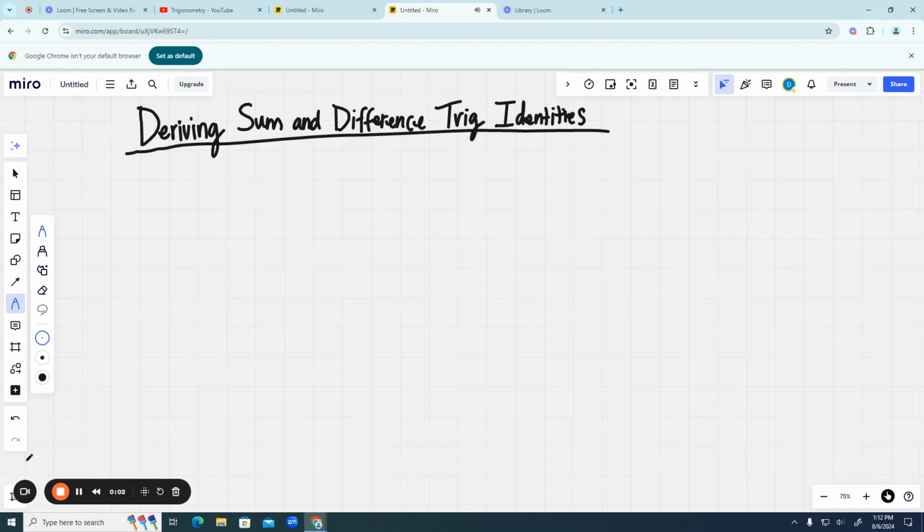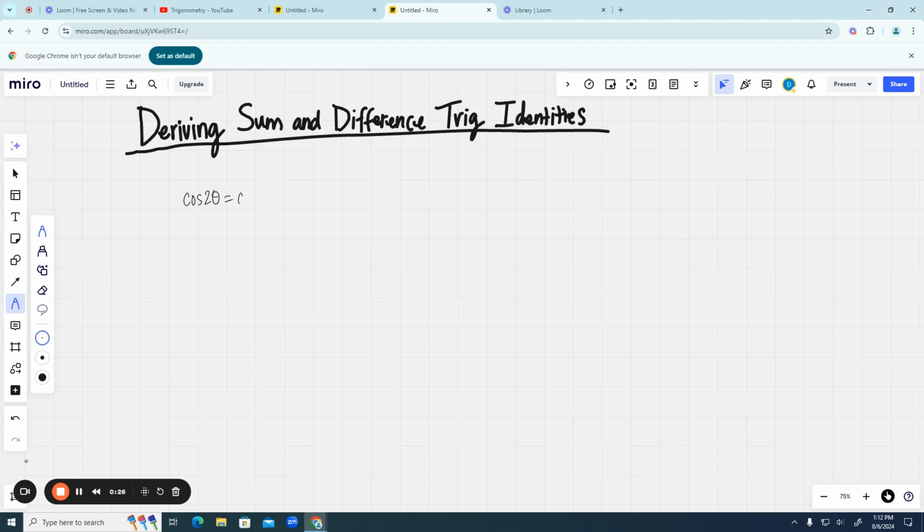Hello, so today I will show you how to derive the sum and difference trig identities so you don't have to memorize them. All you need to know is you need to remember these double angle formulas, and that can help you figure out a lot of the other identities.